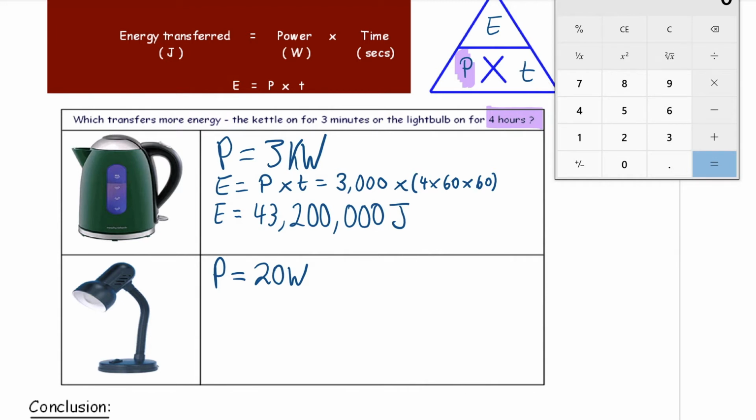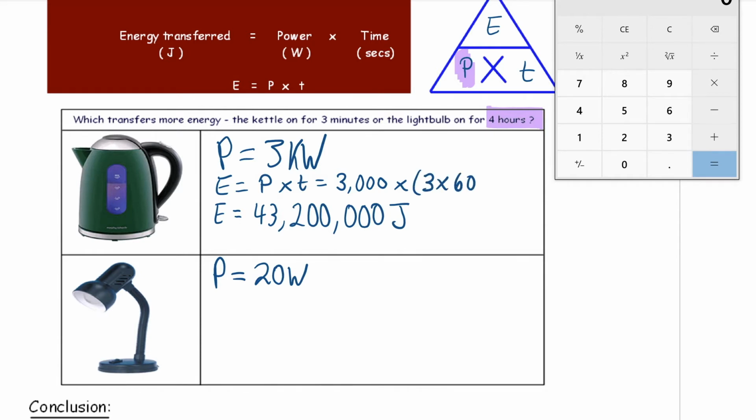Now then, I've made a mistake, haven't I? I've used the 4 hours for the kettle where I should have used 3 minutes. So what I can do there is change the time to 3 minutes, which will be 3 times 60.